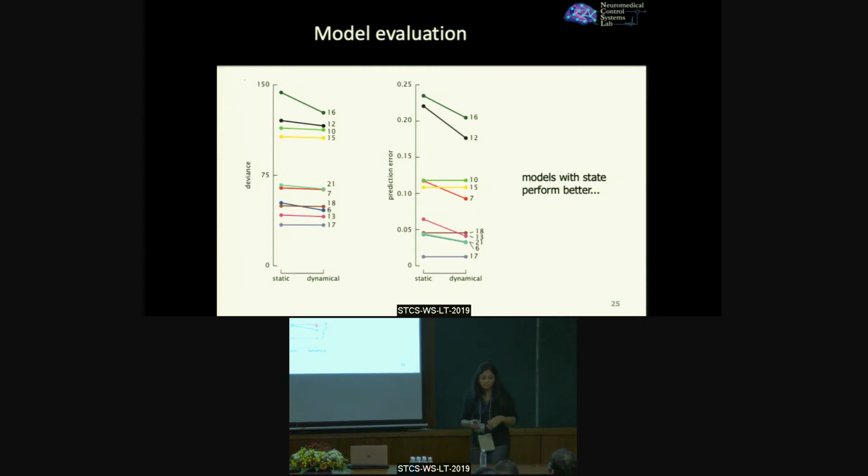If I build a model just based on your probability of betting as a function of your cards, nothing else, that's the static model. And now I compare that to how well we predict by incorporating the state, okay? You can see that if you look at prediction error, most of the time, including the state helps predict the behavior of that subject.